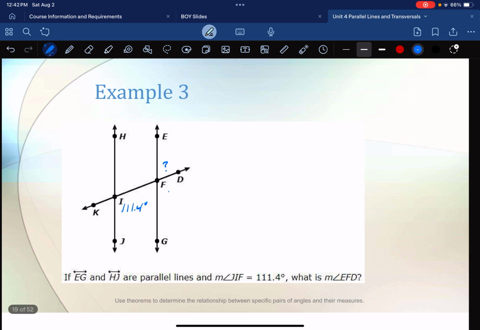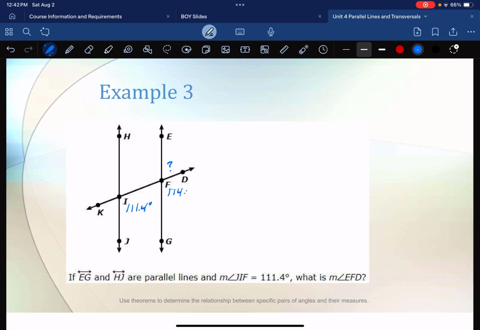Well, these two are corresponding, and correspondings are equal. So these correspond, and they're equal, and these are a linear pair, so they make 180. So I got to do 180 minus 111.4, and that's 68.6.